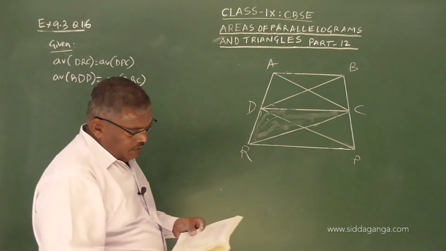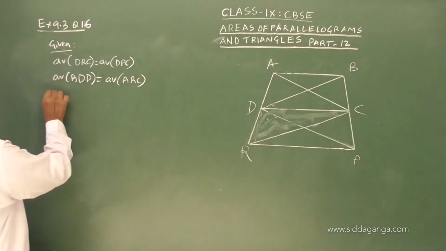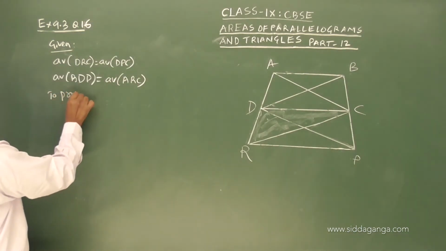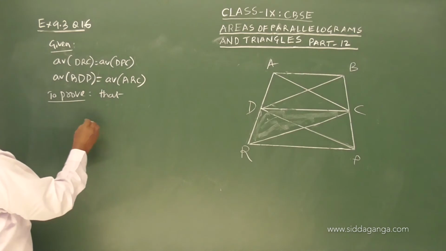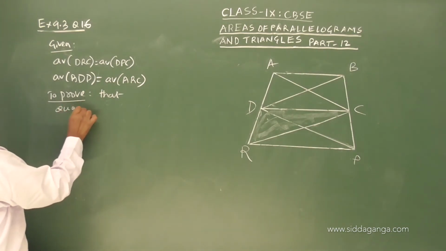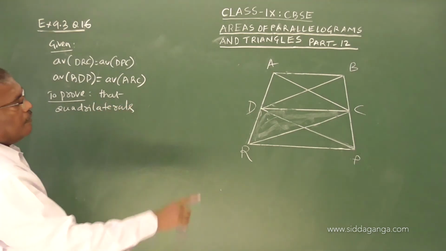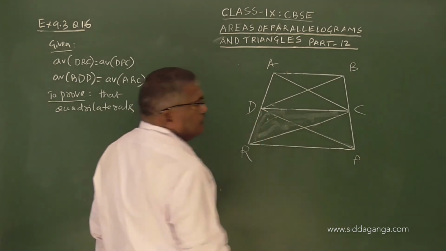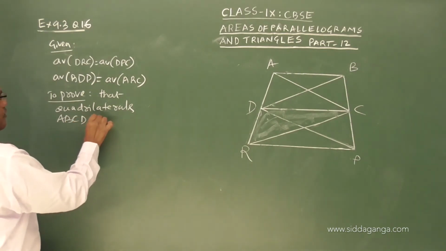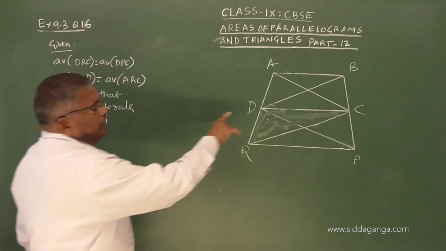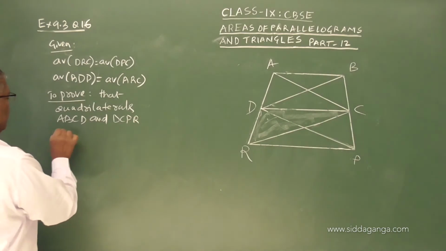So to prove that quadrilaterals ABCD and DCPR are trapeziums.